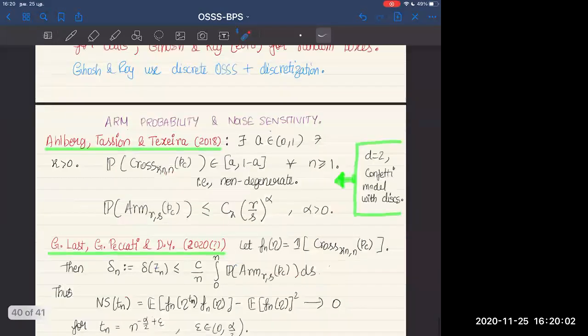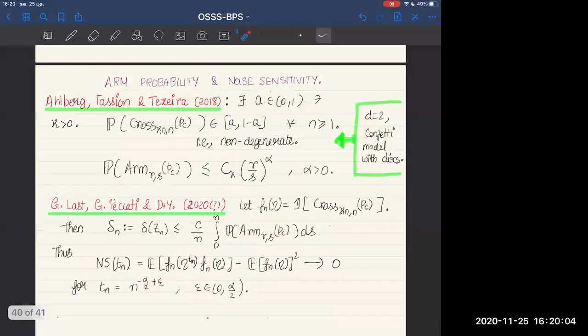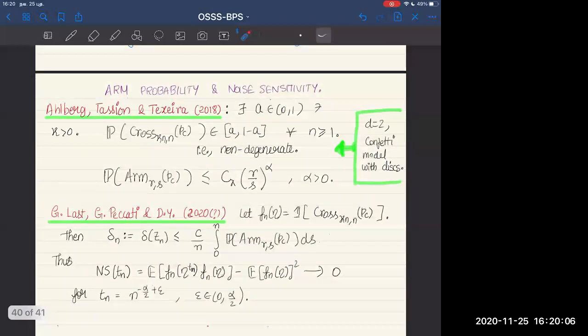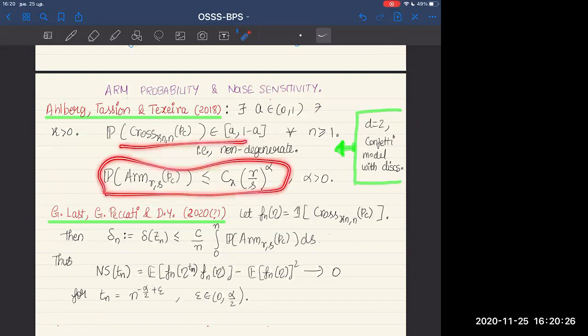And the last slide: essentially the same result I stated for Boolean model percolation, you can do for confetti percolation, simply because Ahlberg, Tassion, and Teixeira have those results for confetti with disks. The point is that the moment you have crossing, non-degeneracy and arm decay exponents, immediately you get quantitative noise sensitivity.